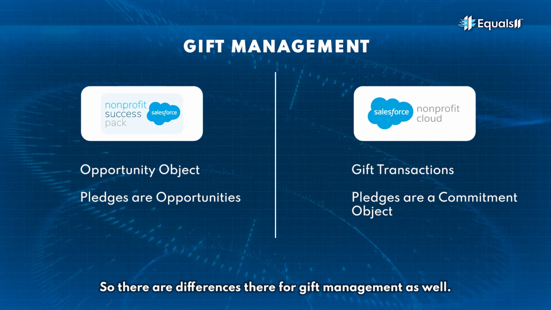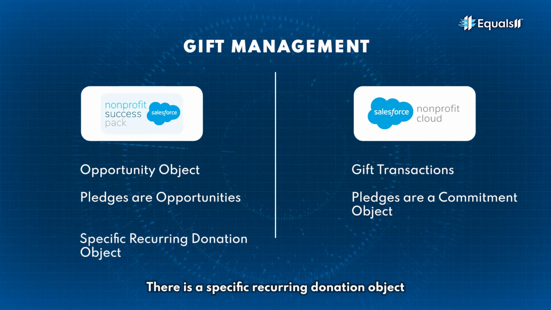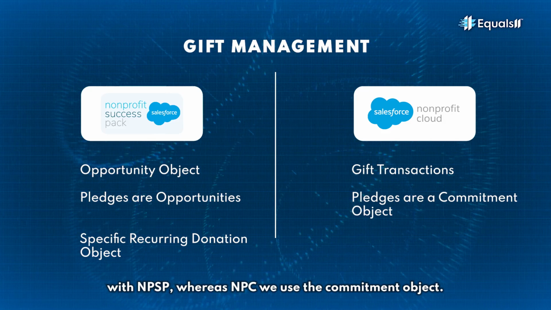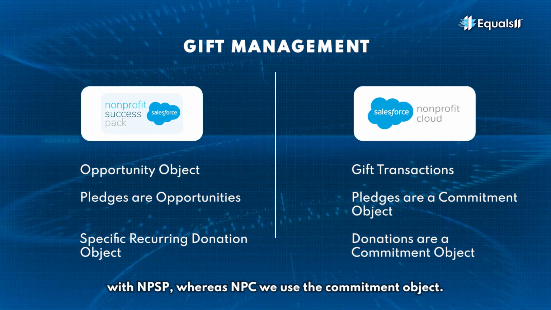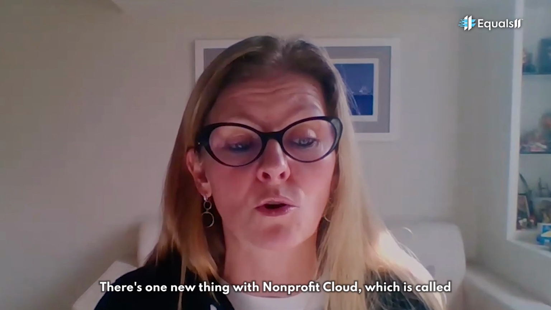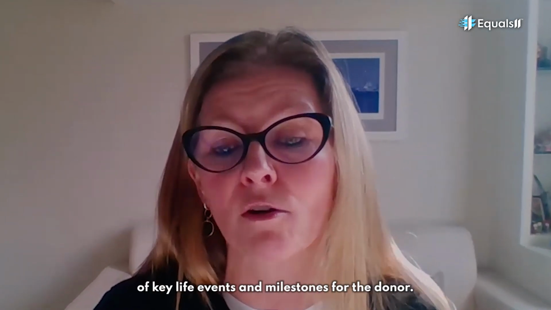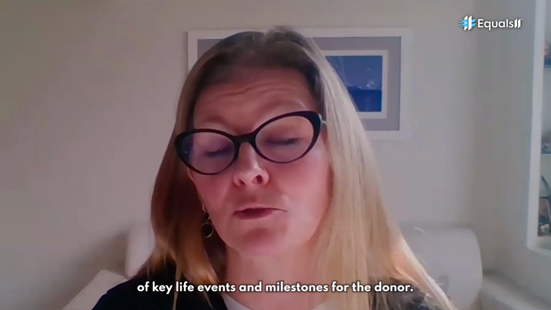So there are differences there for gift management as well. There is a specific recurring donation object with NPSP, whereas in NPC we use the commitment object. There's one new thing with Nonprofit Cloud, which is called the donor profile, where we have enhanced visualization of key life events and milestones for the donor.